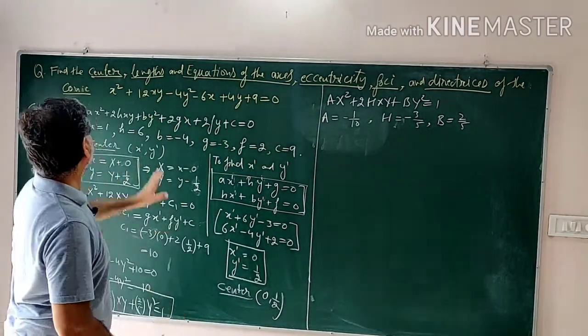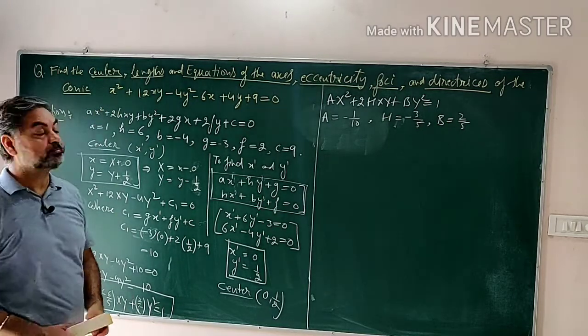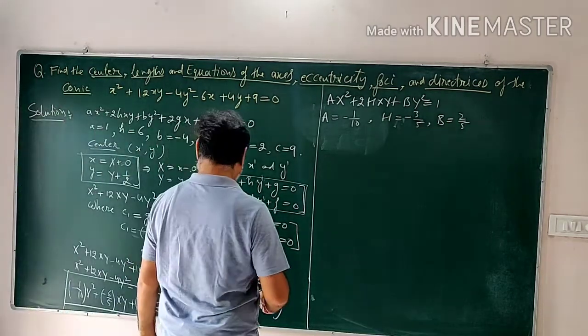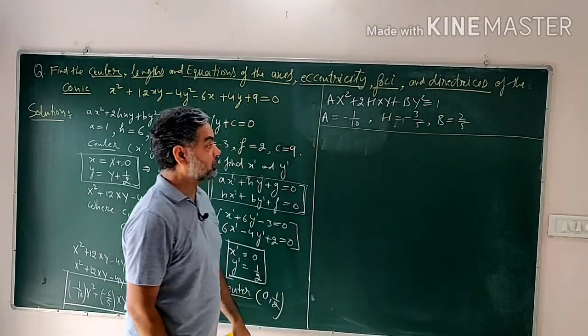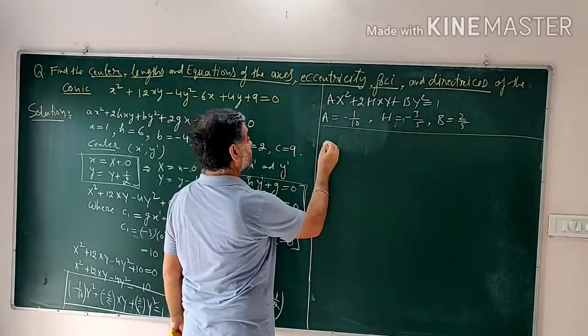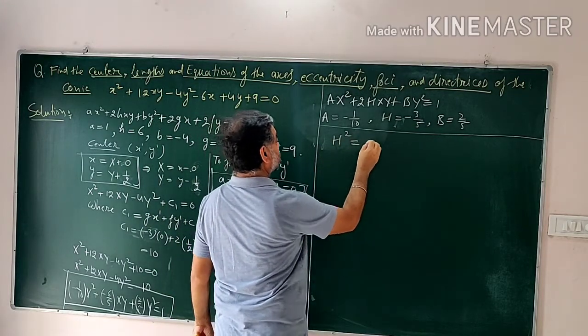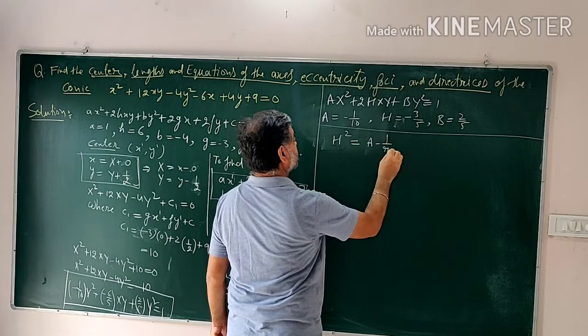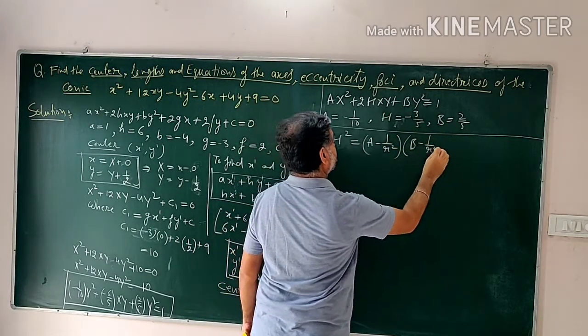Alright, so we have got the center. Now we will find the lengths of the axes. The lengths of the axes are found by using this formula: h square is equal to (a minus 1 over r square) into (b minus 1 over r square).